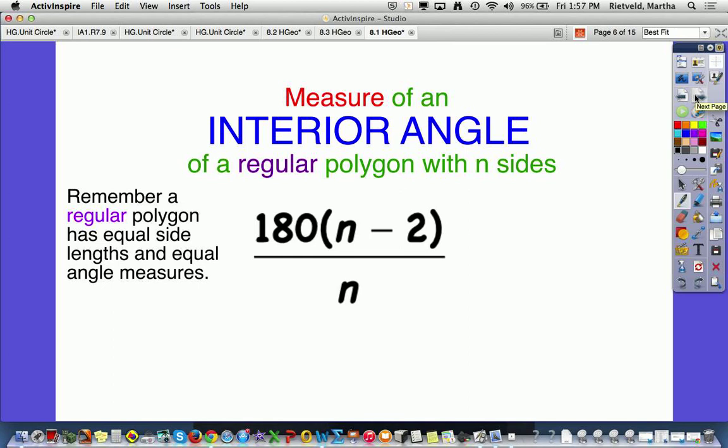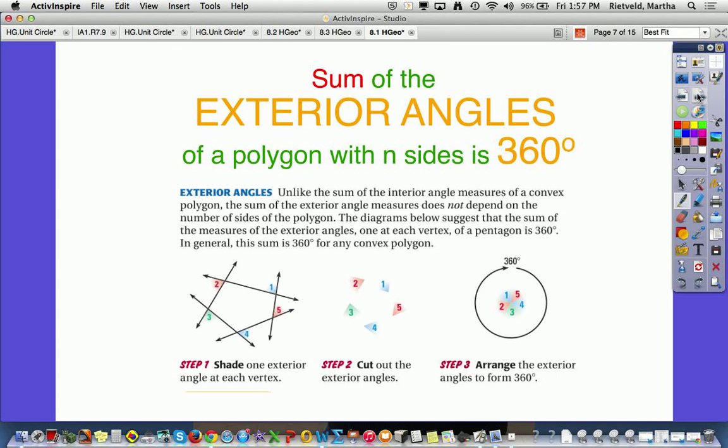If you only wanted to know the measure of one of those angles and all the angles were equal, then you could divide that sum by the number of sides, which is also the number of angles. Remember that that type of polygon is called regular. So when you see the word regular, you don't want to overlook it. You want to remember that all the sides and all the angles are equal. And you could find the measure of one interior angle by dividing by n.